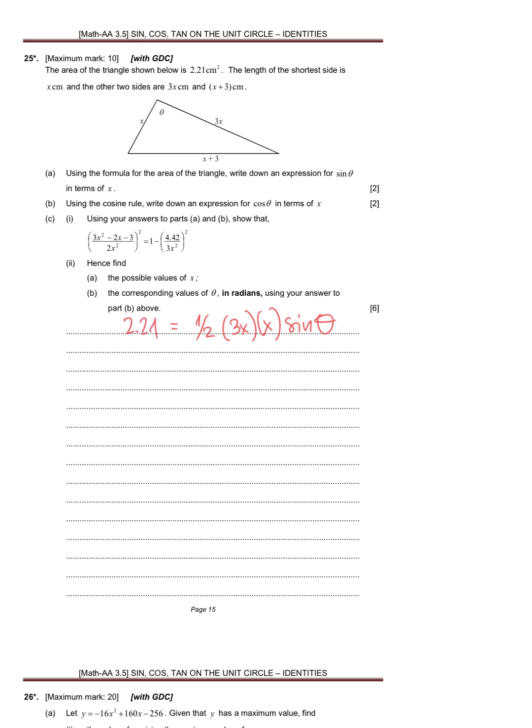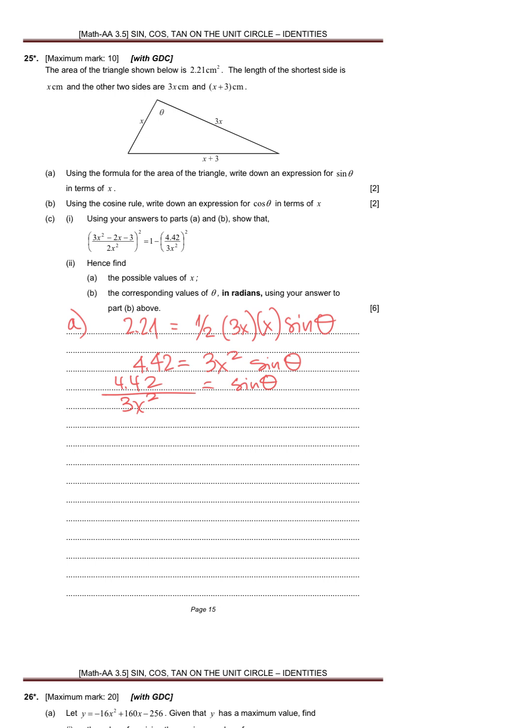When we multiply by 2, we're going to have 4.42 equals 3x squared sine theta. So sine theta is 4.42 over 3x squared.